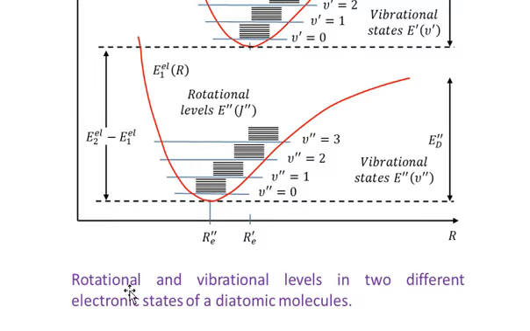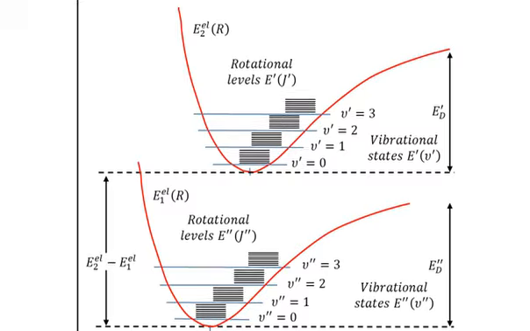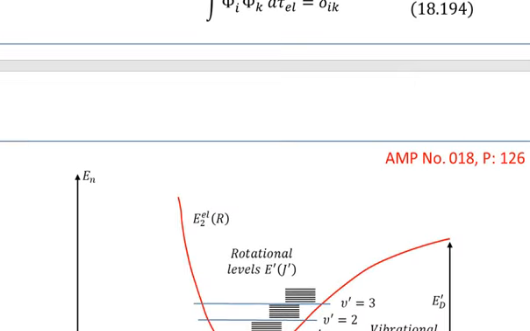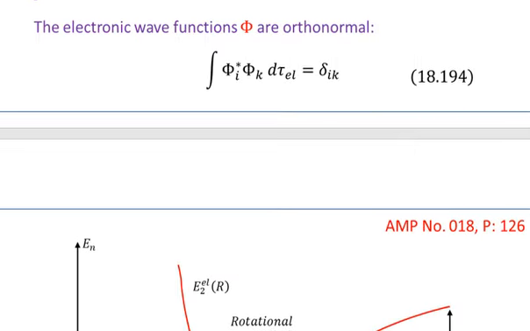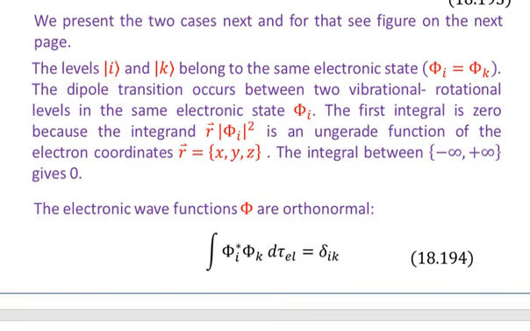These two parts represent the rotational and vibrational levels in two different electronic states of a diatomic molecule. While I have some discussions, you can keep this figure in your mind so that you can understand the things that I am going to present.